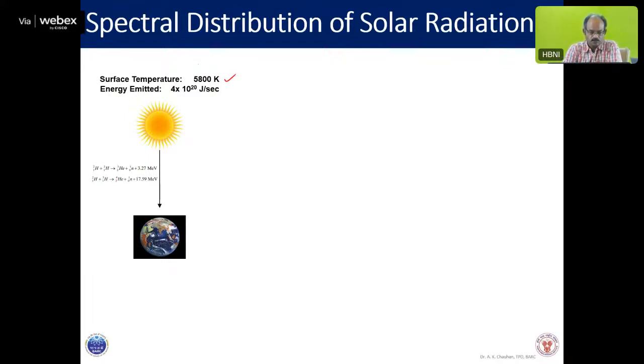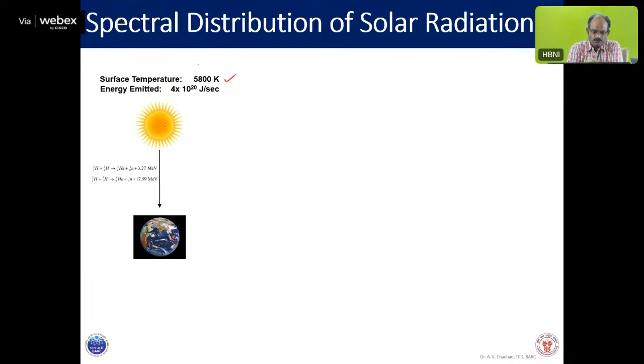And if any body is at any temperature, it emits radiation. So since it is at very high temperature, it is going to emit black body radiation. Whatever black body radiation it emits spreads in all the directions, and some part reaches the Earth also.